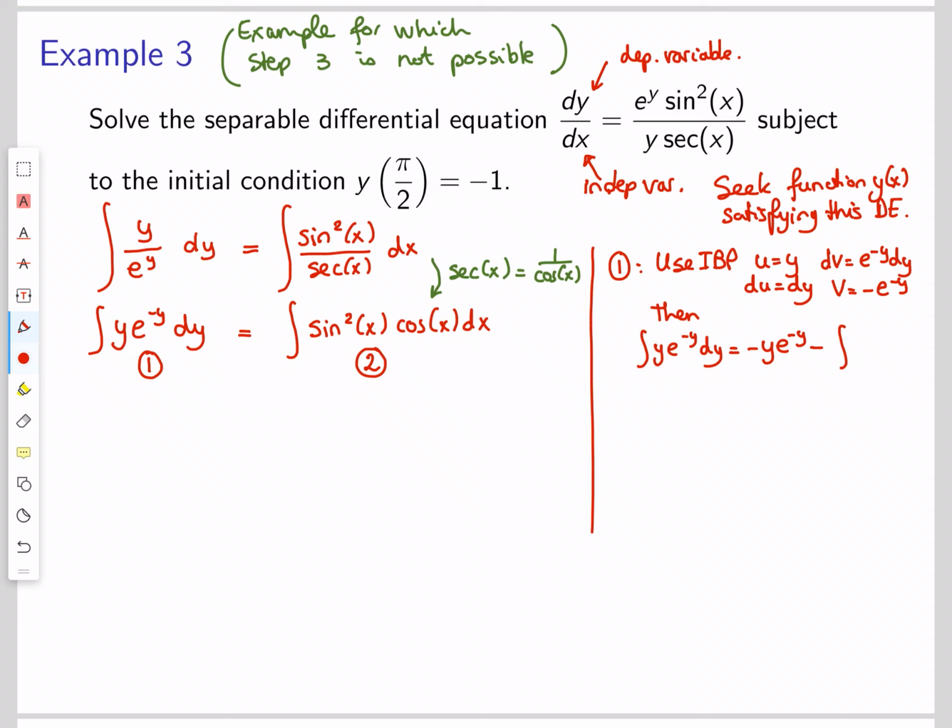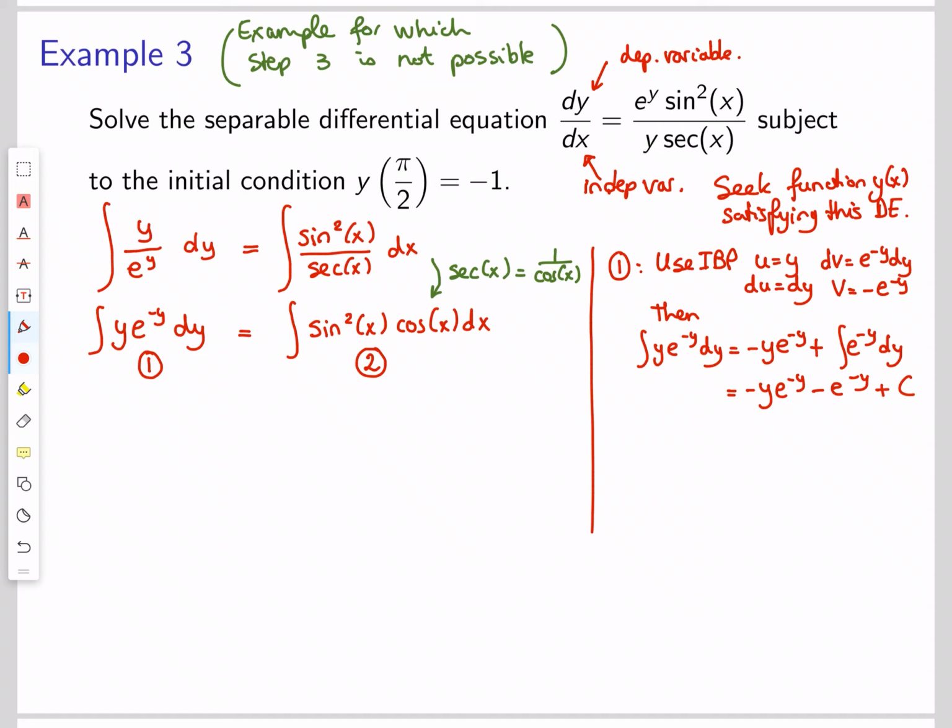So then that integral, y e to the minus y dy, by integration by parts, becomes uv, so that's minus y e to the minus y, minus the integral of v du. Well, v is minus e to the minus y, so that becomes plus e to the minus y, times du, which is dy. Then we evaluate that last integral, so we get minus y e to the minus y minus e to the minus y plus a constant of integration.